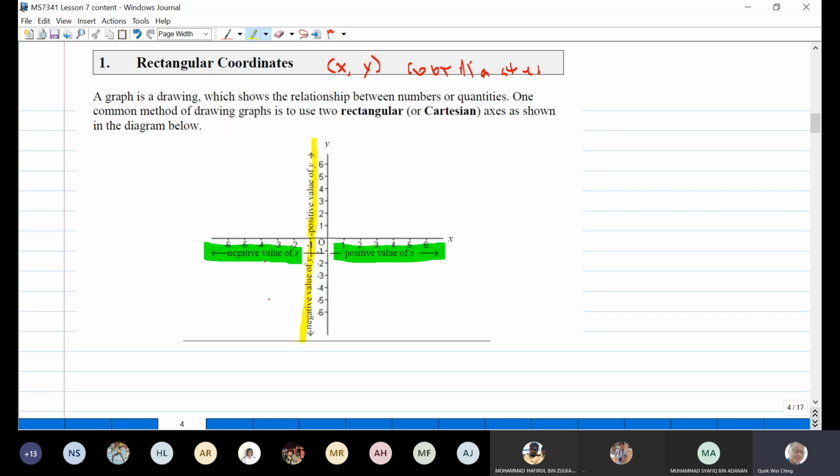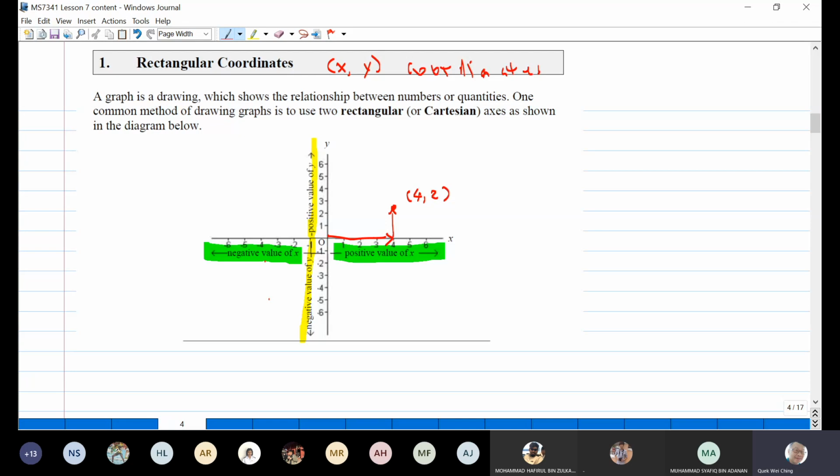So for example, if I want to find the point, let's say, okay, I move a point here. Suppose I want to find (4, 2). Where is (4, 2)? Means go to the 4 here, then go to 2. So you have a point there, (4, 2).